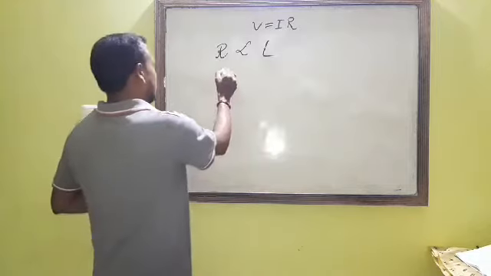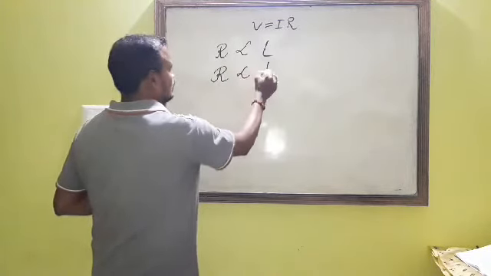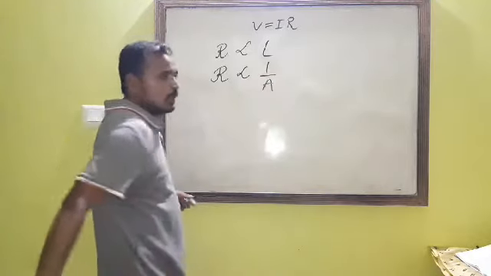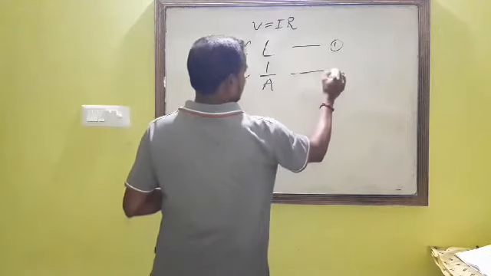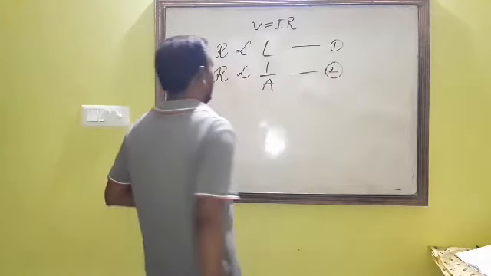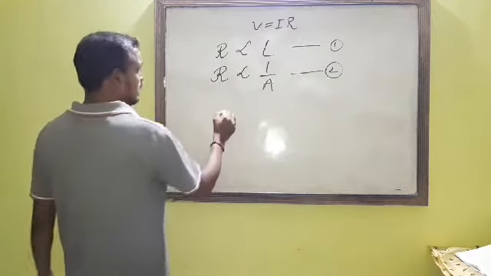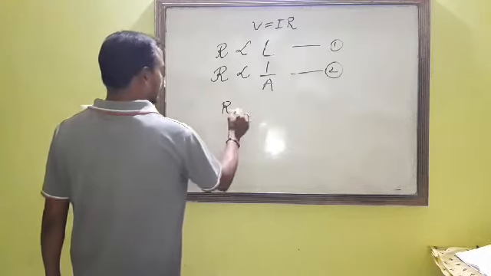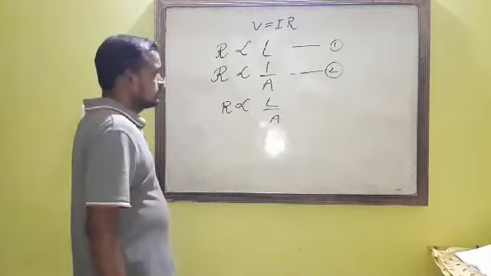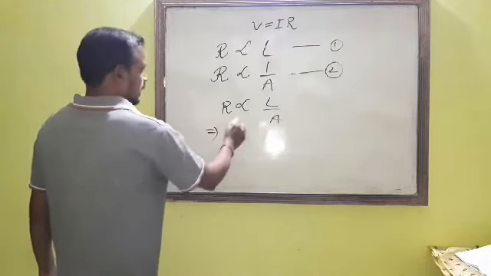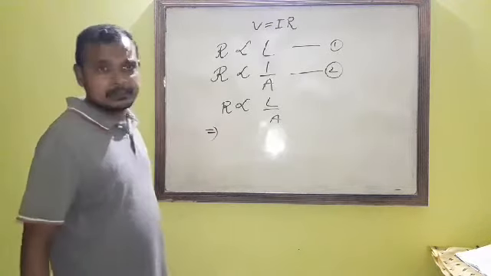Again, the resistance of a conductor is inversely proportional to the area of cross section of the wire. So you can call this equation 1 and this equation 2. Let us combine both equations. Then we can write R directly proportional to L by A.